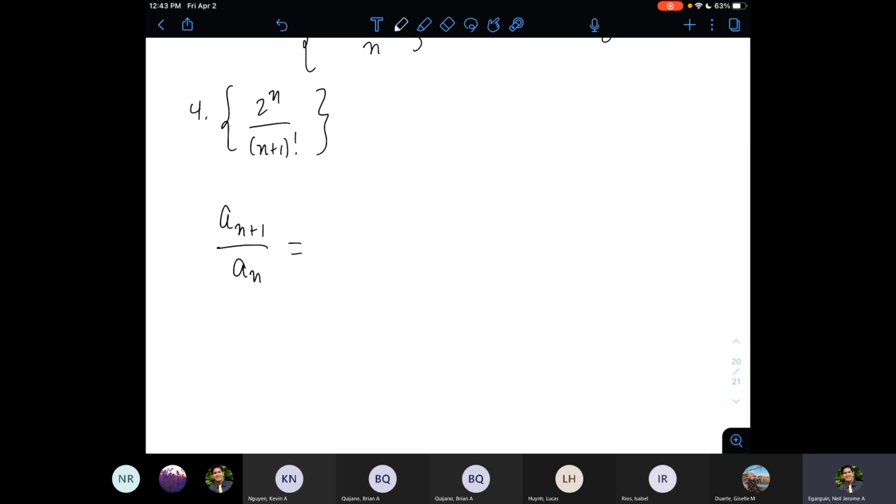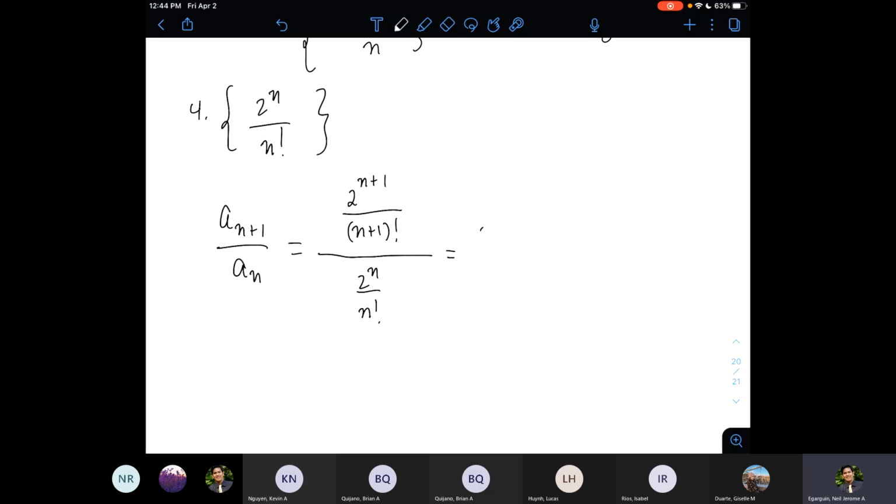So let me just do n factorial, just to make it simpler. All right. So I will change all n's to n plus 1. So I'll have 2 to the n plus 1 all over n plus 1 factorial. That's the n plus 1 term, all over a sub n, which is just 2 to the n over n factorial.